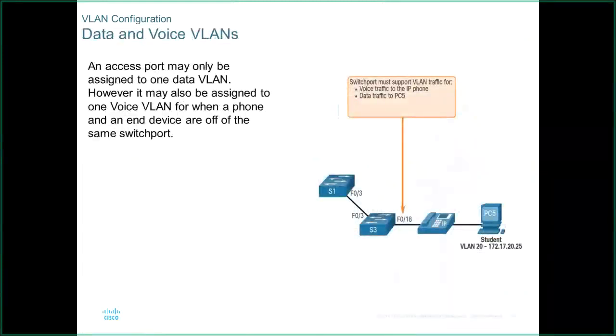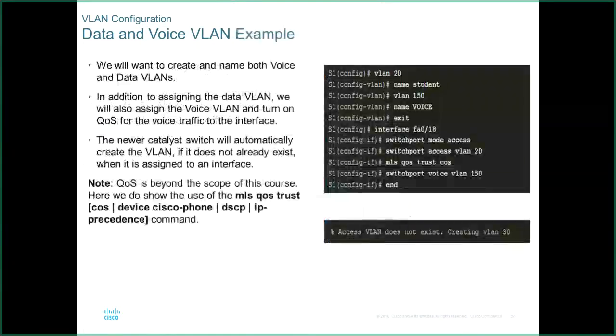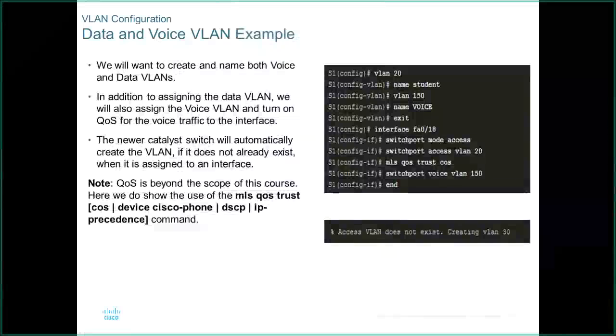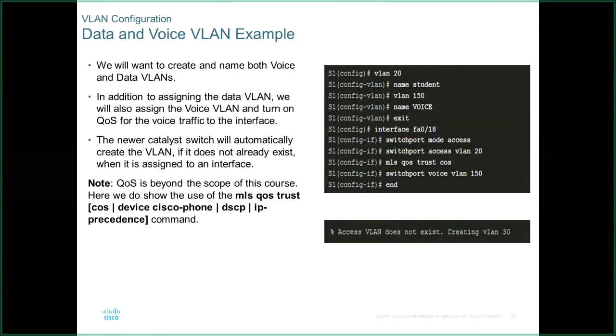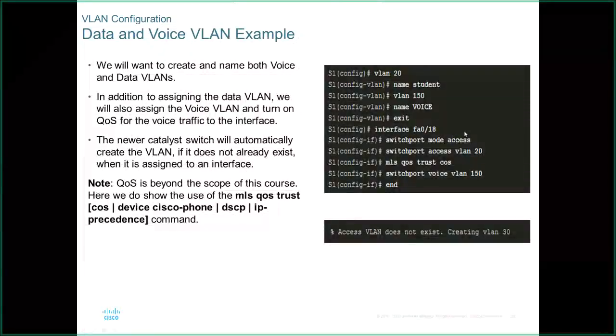So how do we configure a voice VLAN when we add a phone into the same port? Well, when we go into the configuration, we are just going to add our little mode in.